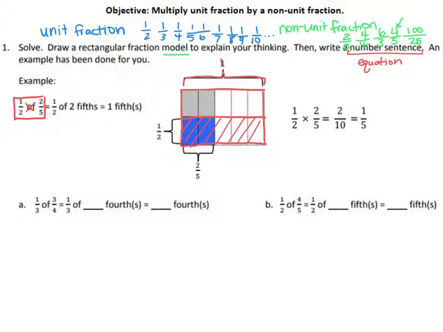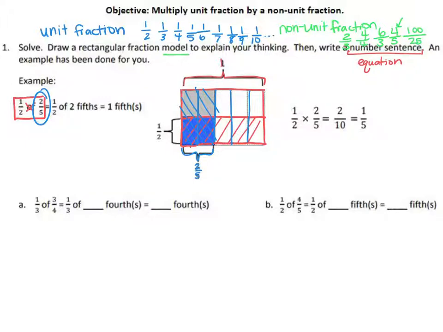And I'm going to multiply it times 2/5. So 2/5 is right here, which means the other way I have to split it into fifths. 1, 2, 3, 4, 5. So 1/5, 2/5, 3/5, 4/5, 5/5. And I'm going to shade in the other way, 2/5. Here is my 2/5.